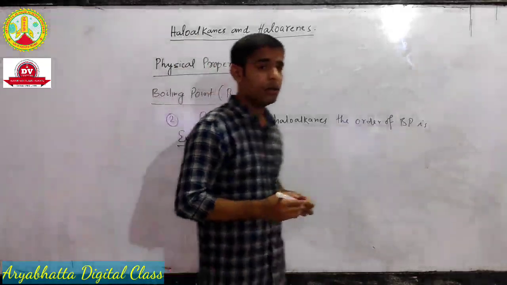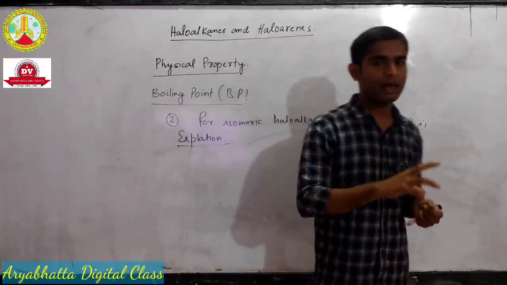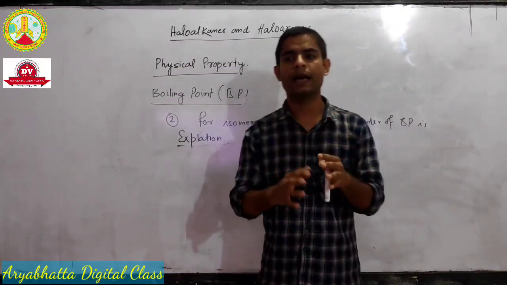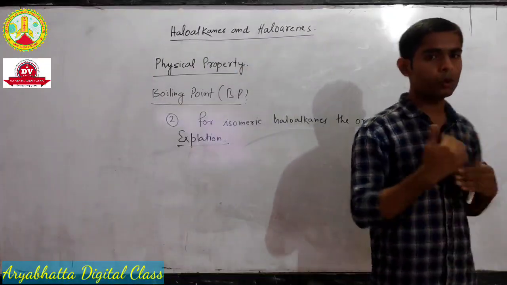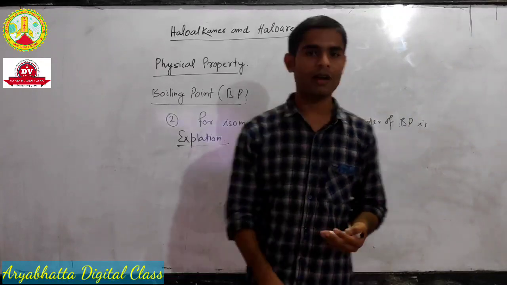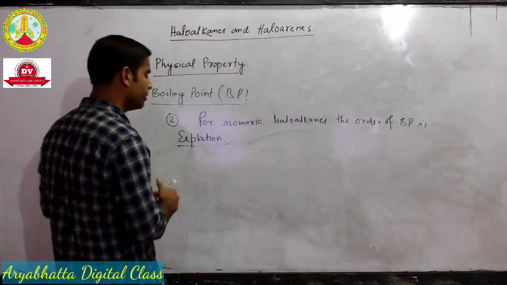Most of the time, questions are asked like: 2-chloro-2-methylpropane has a lower boiling point than 1-chlorobutane. Why? So what will be the explanation?